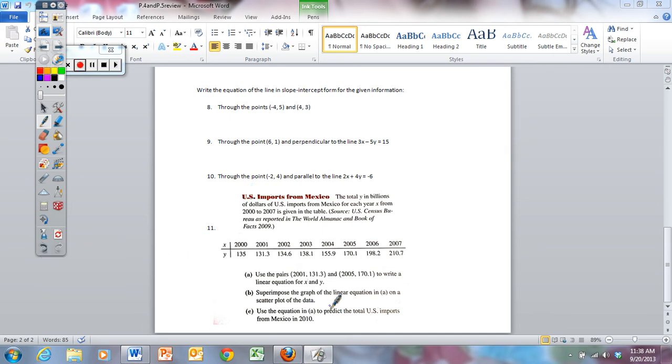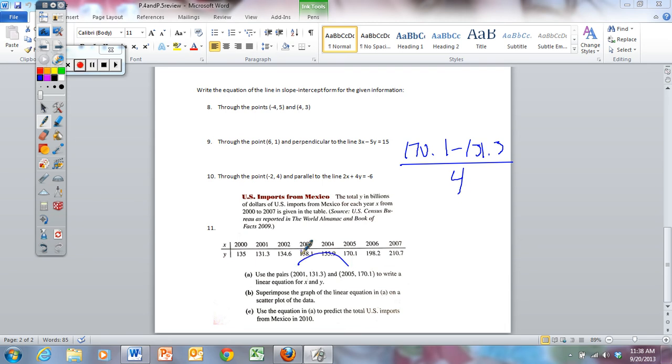Alright. Finally, we're going to do this on the calculator. First we're going to use these 2 points to calculate the slope. So I'm going to go 170.1 minus 131.3 over 4, because that's 2005 minus 2001.